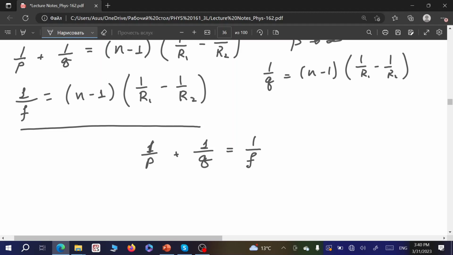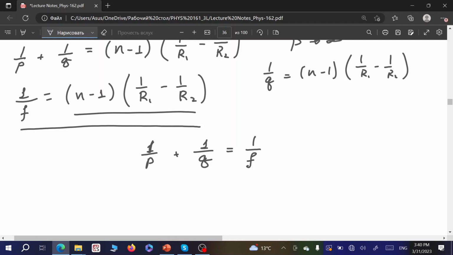But in the case of mirrors, what was the focal distance in the case of a spherical mirror? Of radius, yes. In this case, you see that this is a bit more complicated in comparison to mirrors.